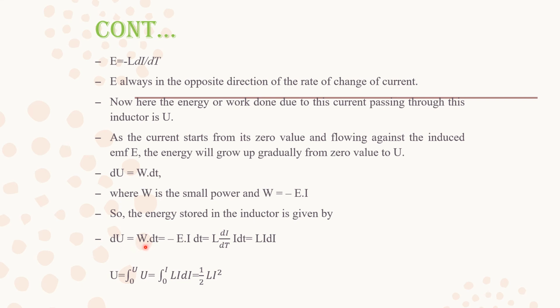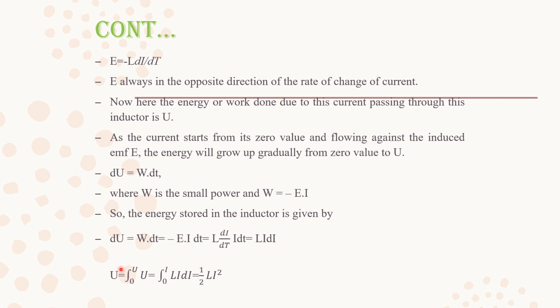Now we substitute the value of W, that is minus E into I. So the equation becomes dU is equal to minus E into I into dt, where E is nothing but minus L into di by dt, so the equation becomes L into I into di.